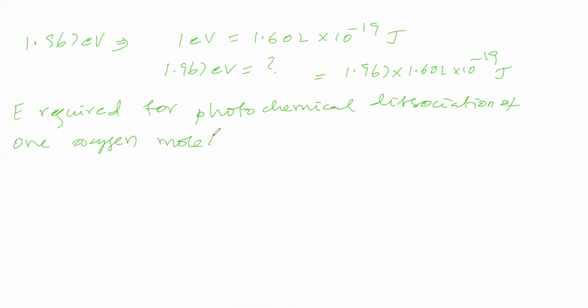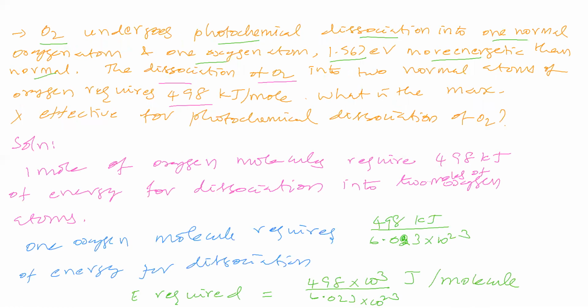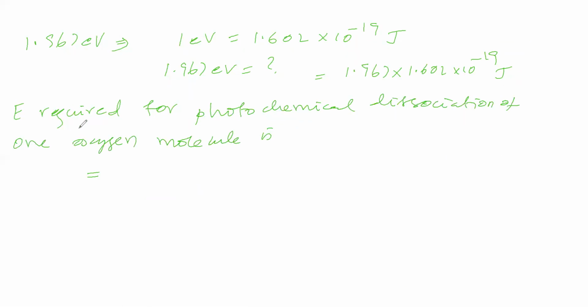Normally, this much energy is required: 498 into 10 to the power of 3 by Avogadro number 6.023 into 10 to the power of 23 joule.